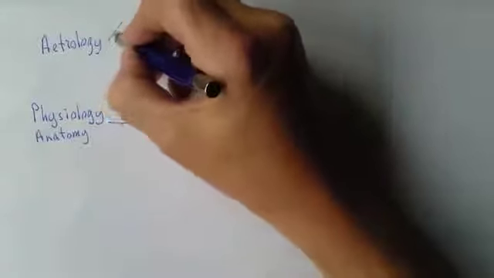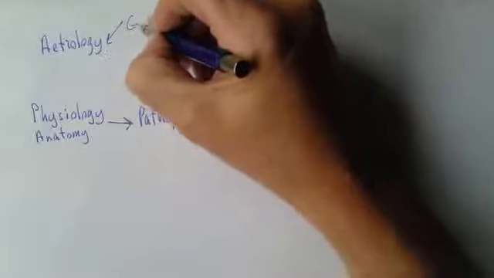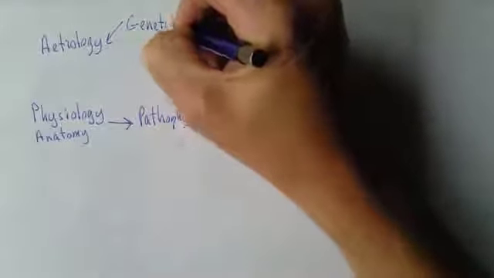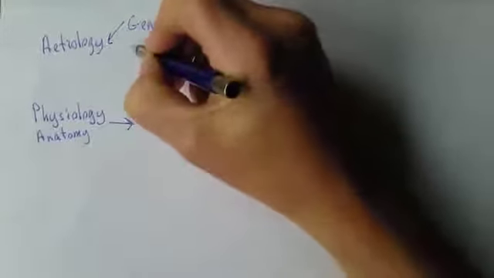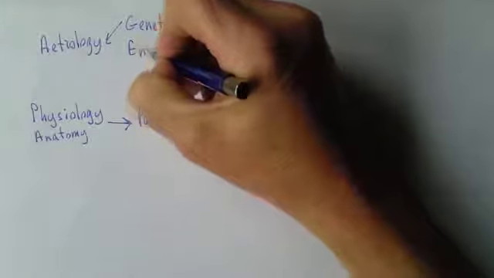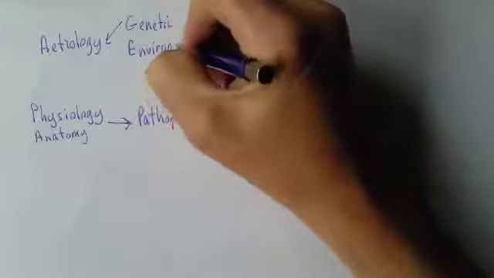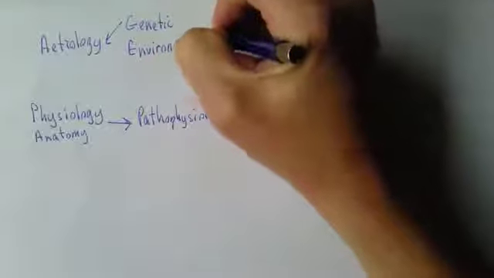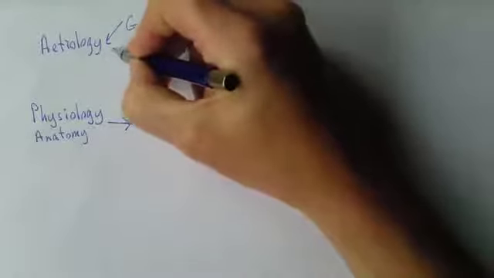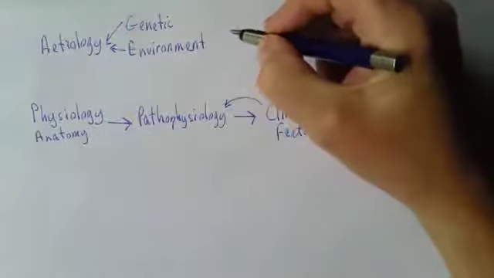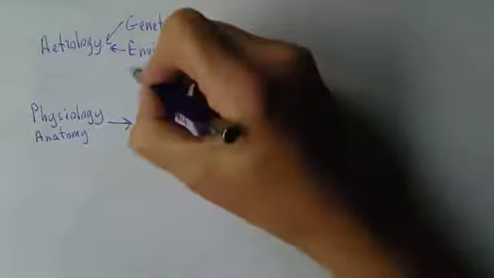And disease can be caused by factors which are genetic. It can be caused by factors which are environmental. And we do separate talks on these possibilities. But it can also be epigenetic.